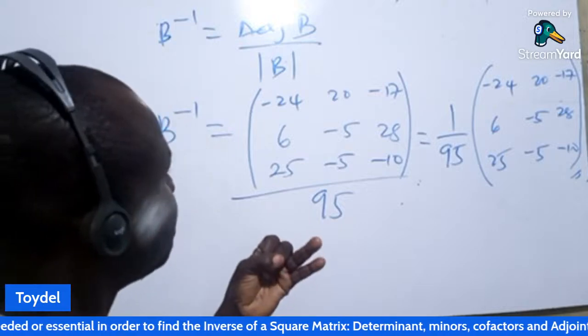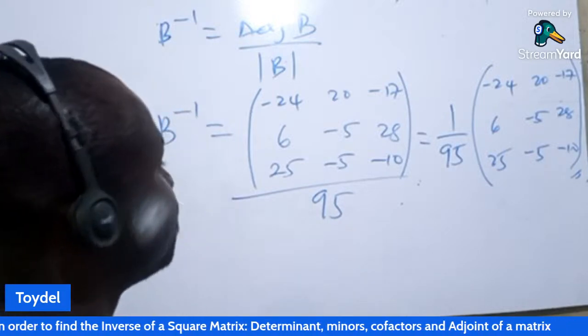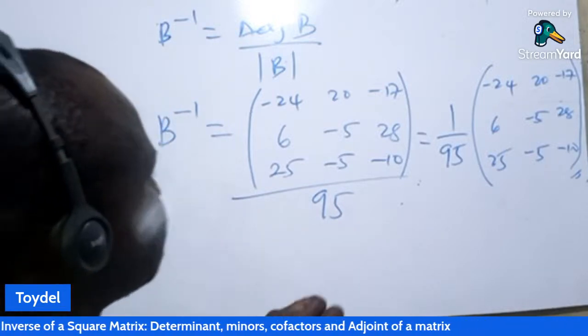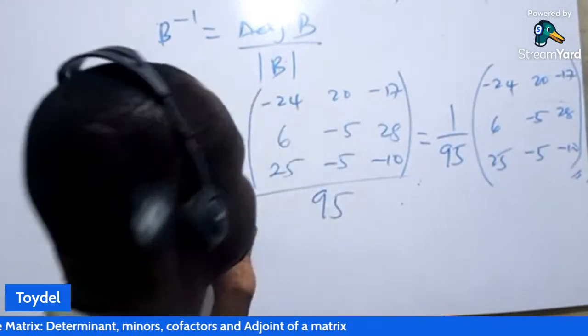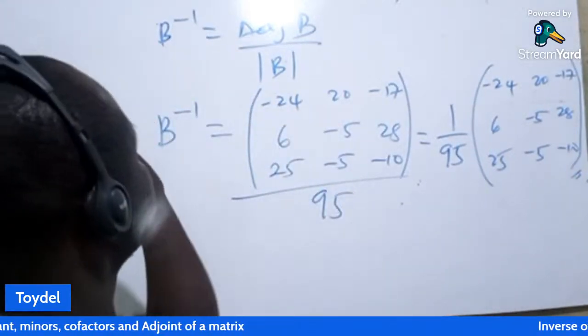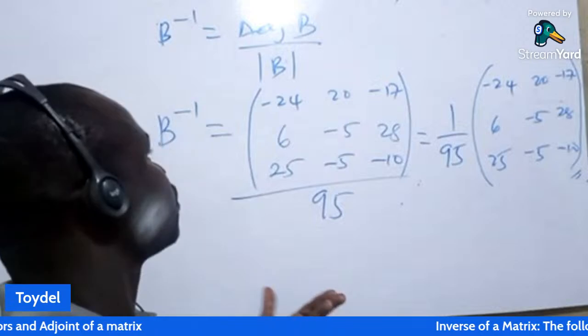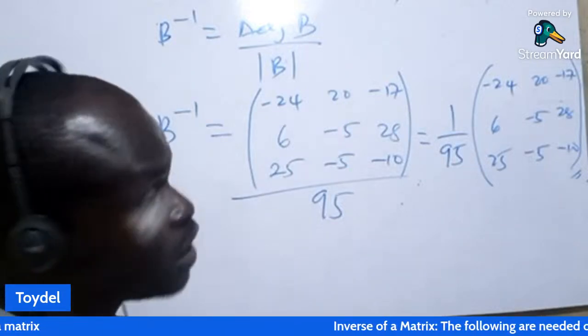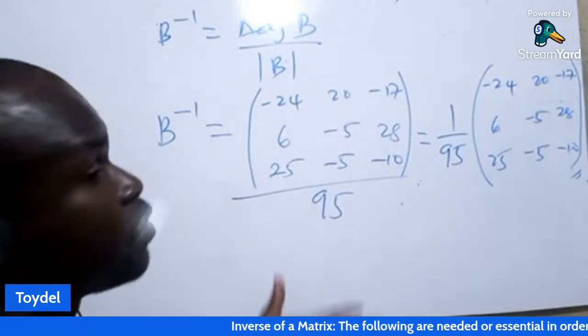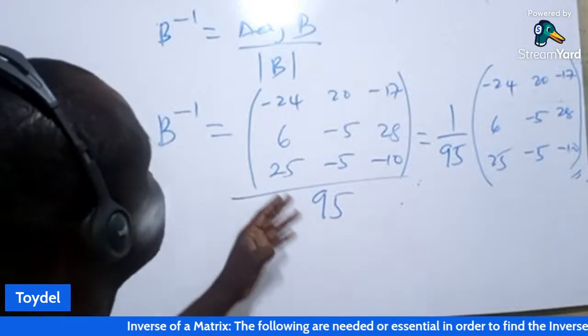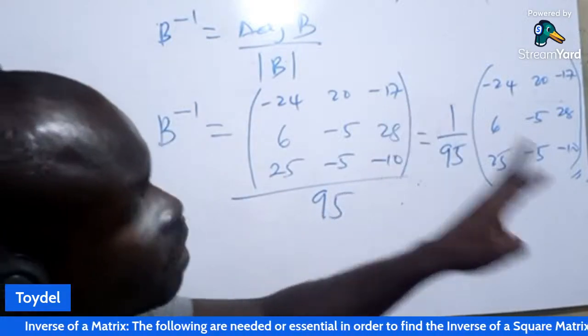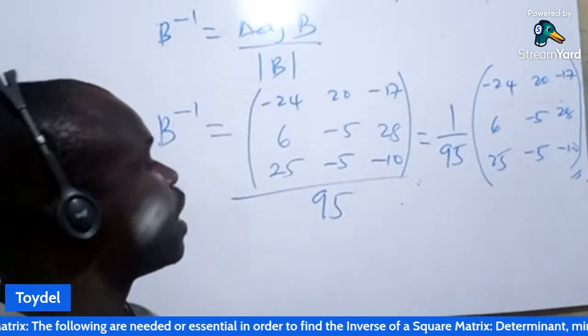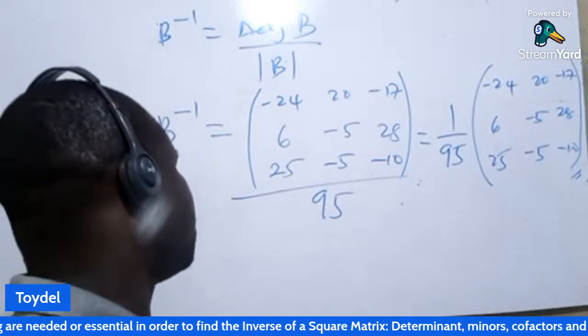Then you find the minors of the matrix, then from the minors, the cofactors, which are the minors with appropriate signs. Then we transpose the cofactor, and that is the adjoint of that matrix. If you follow the four steps, the inverse of the matrix is the adjoint of the matrix all over the determinant of the matrix.